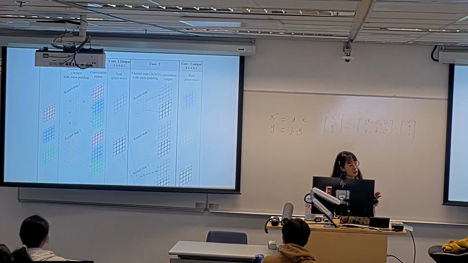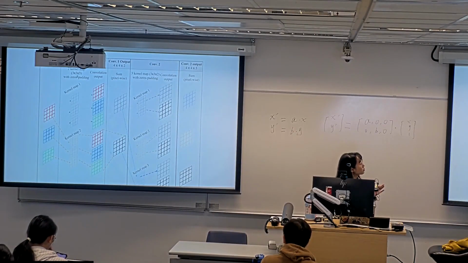And then for the first convolutional layer, suppose we set 2 kernel maps here. Each kernel map has a size of 3 by 3 with a depth of 3.